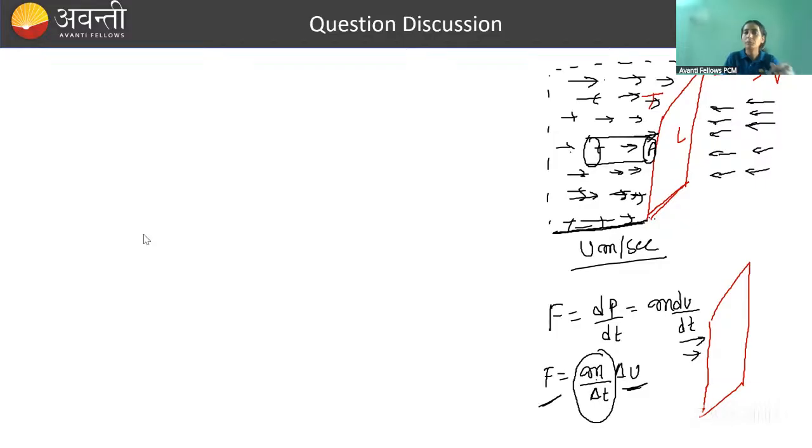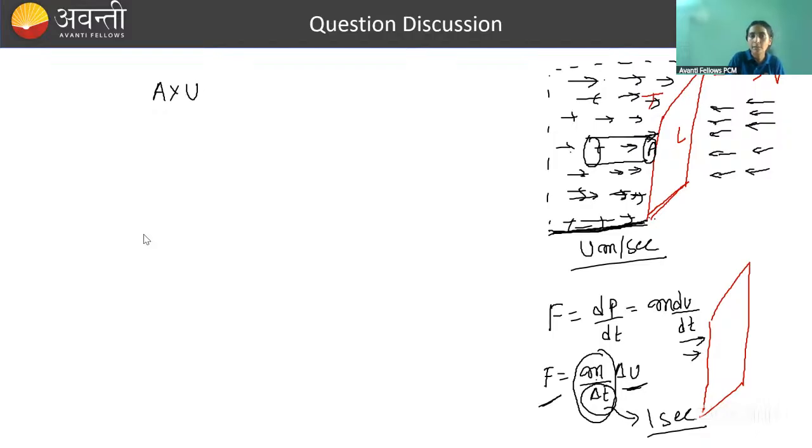So if we are calculating force, that is dp by dt, so that is delta u into m by delta t. So if we take delta t equal to 1 second here, then we can say that this length is u meter and area is A. How much volume of gaseous fluid is there? A into u. ठीक है?